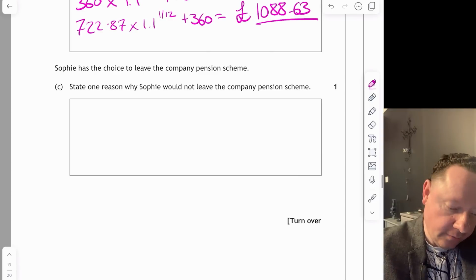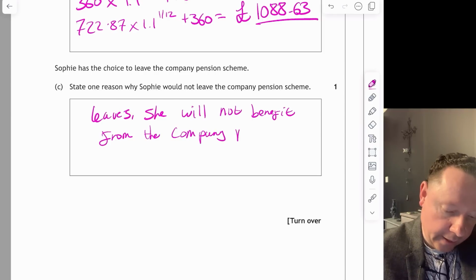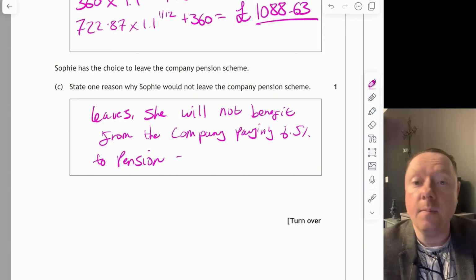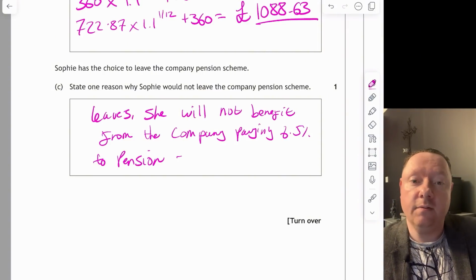So if she leaves, she will not benefit from the company paying 6.5% to pension. She's effectively losing that amount of money. So either that, or it is important to save for retirement, to save for future.